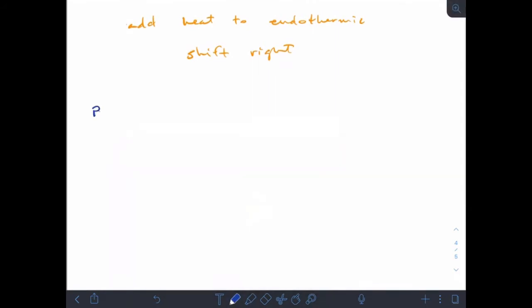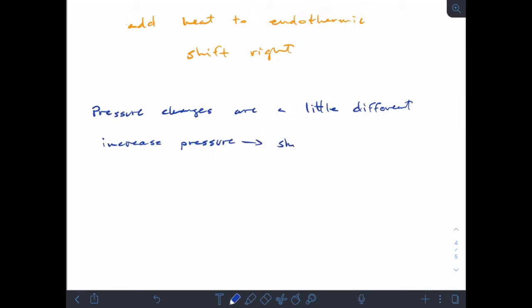Okay, so pressure changes in equilibrium are a little different. Okay, so if we increase pressure, we shift to the side with fewer moles.